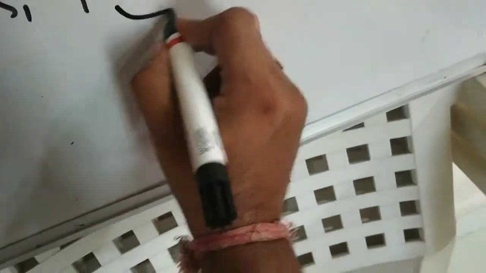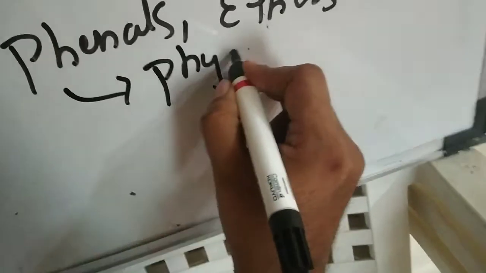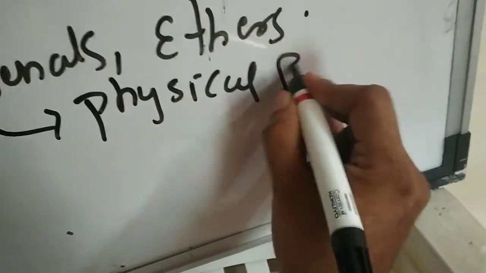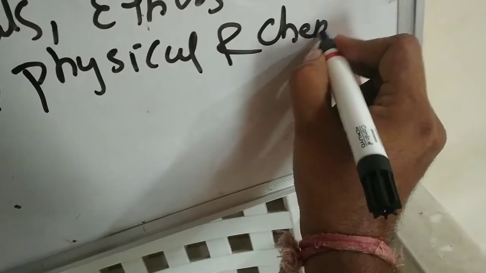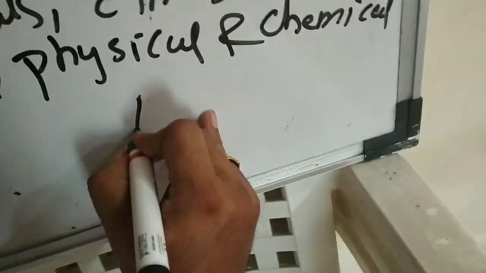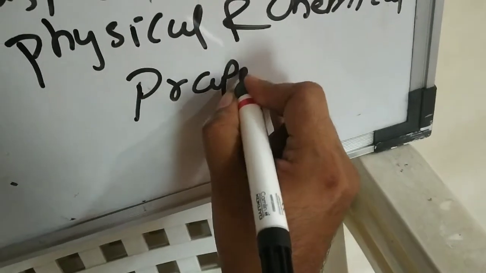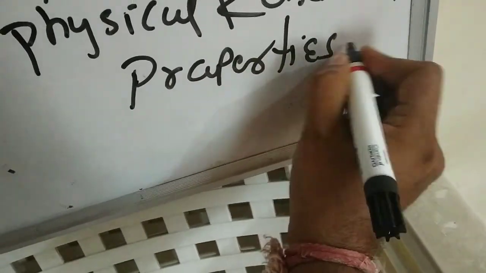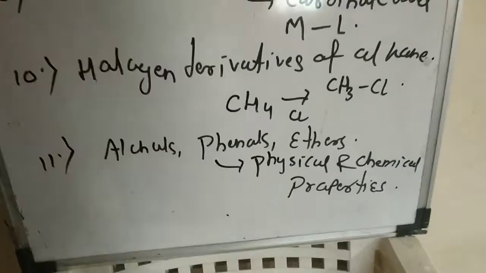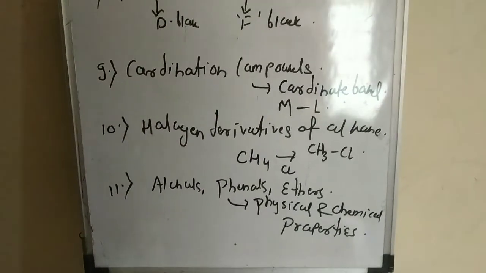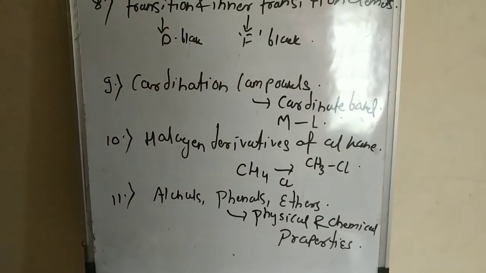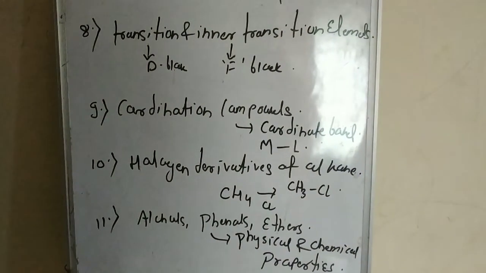So what is important? Physical and chemical properties, right? And their preparation methods. So this is what is going to be there in this particular chapter, that is alcohols, phenols and ethers.